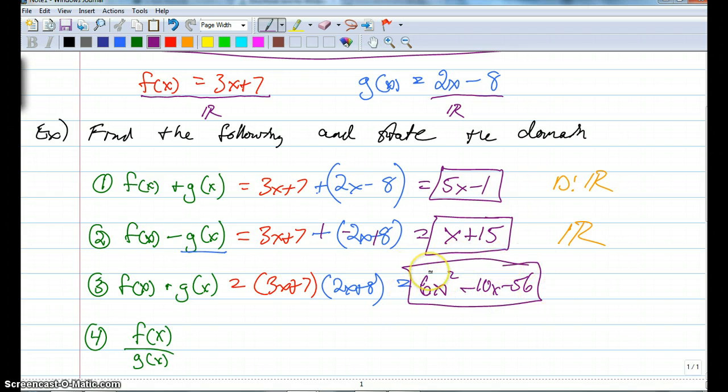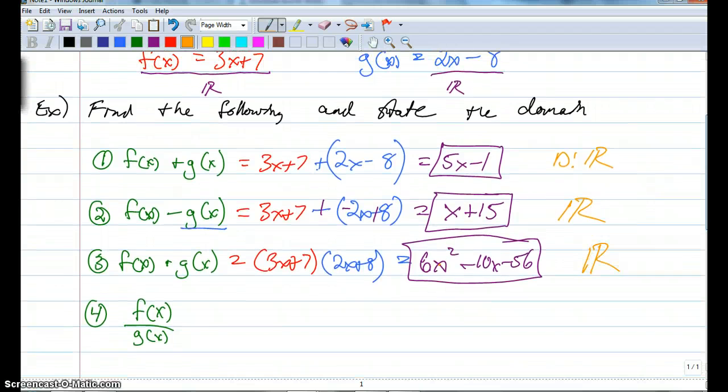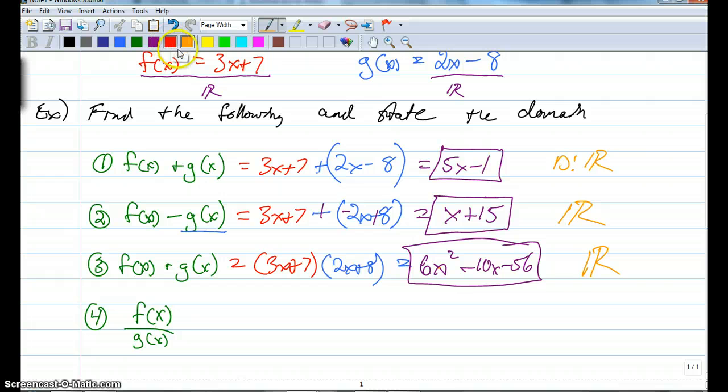That's just f of x times g of x FOILed out. And the domain of that, now that x squared is not changing stuff, I can still put in whatever I want. Domain here is all reals once more. But this fourth one, that's where it starts to get a little tricky. Not that tricky.